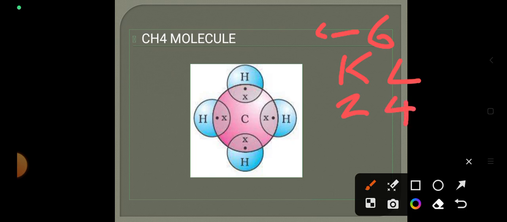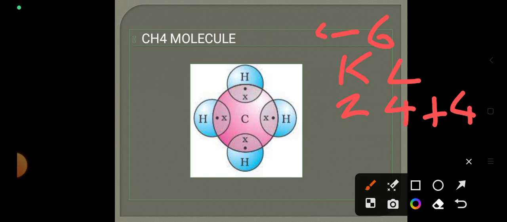Now, according to the octet rule, 4 more electrons are required to complete the octet configuration. Hence carbon will form covalent bonds, because if it accepts 4 more electrons, there will be 8 electrons, and there will be a mismatch between the number of protons and electrons.